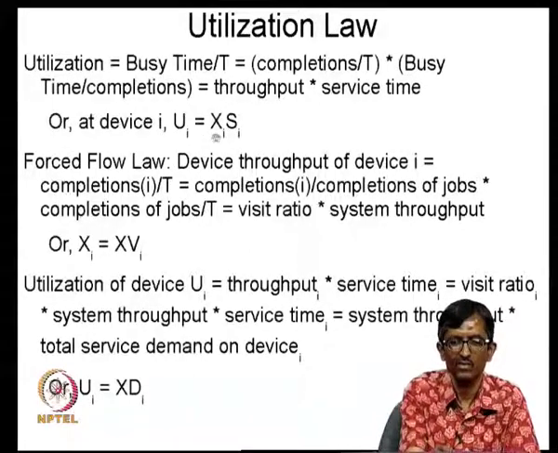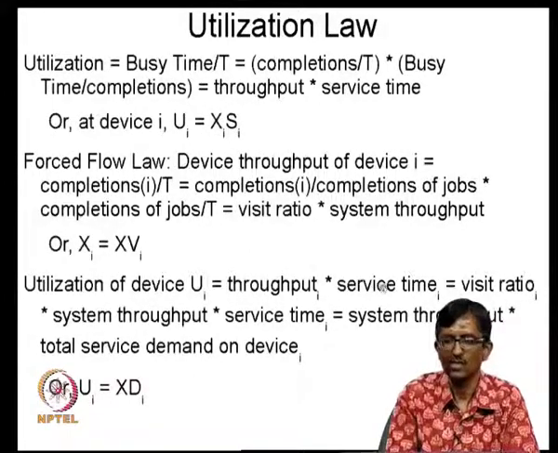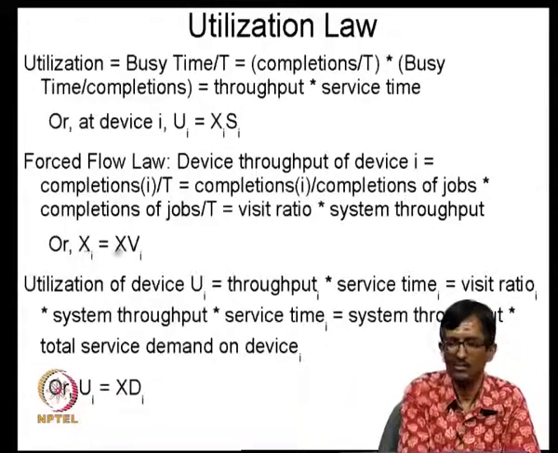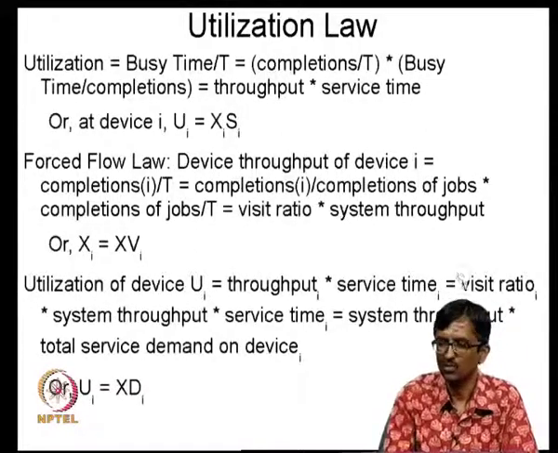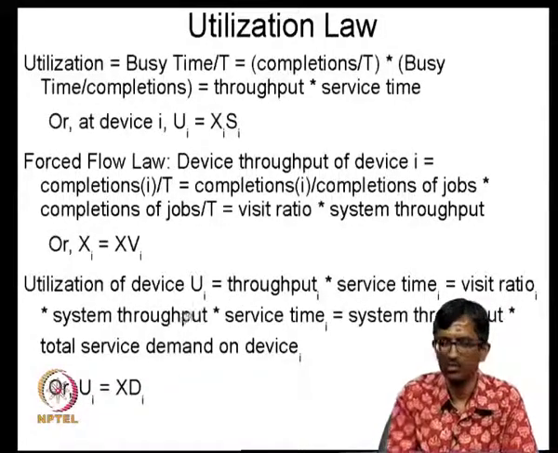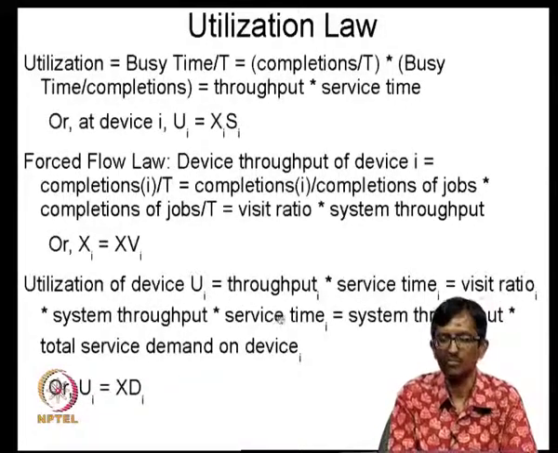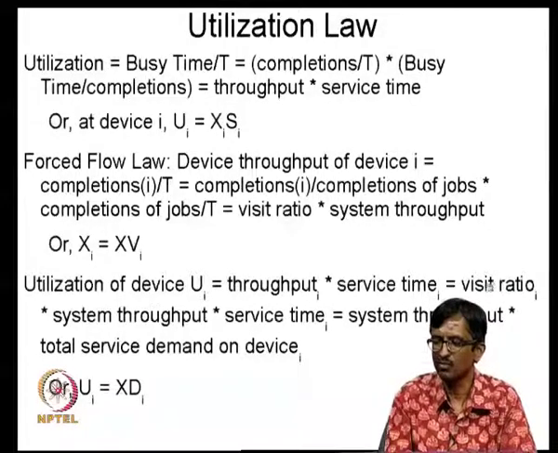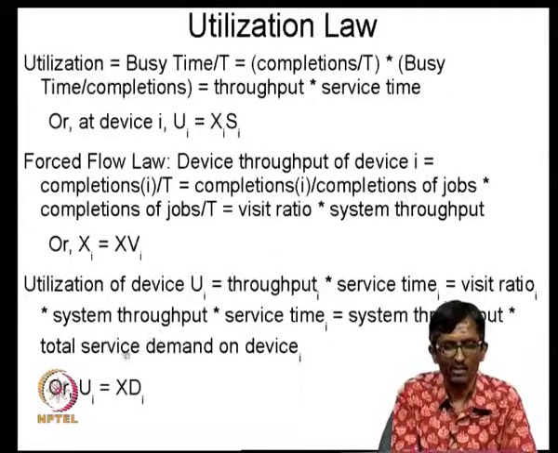First I start with throughput into service time, but throughput is given by this, so I put visit ratio and system throughput here. Now I can take out system throughput, and multiply visit ratio into service time, and that is basically the total service demand.